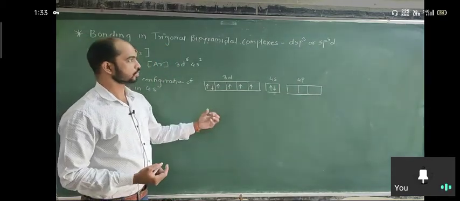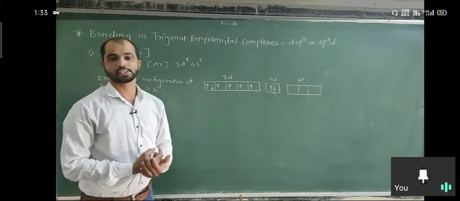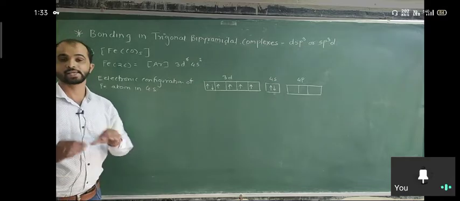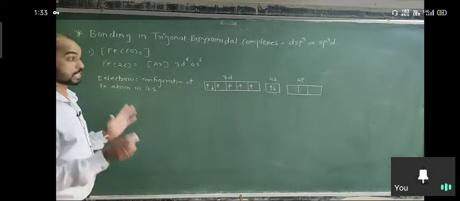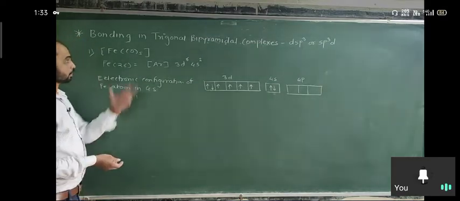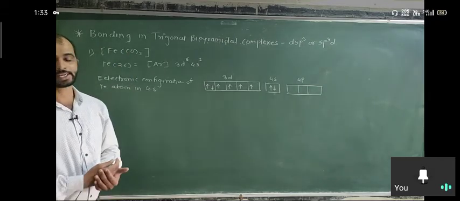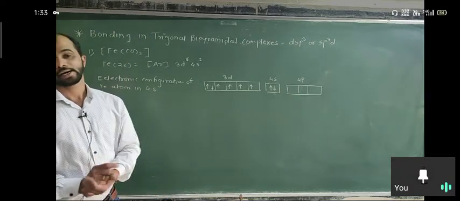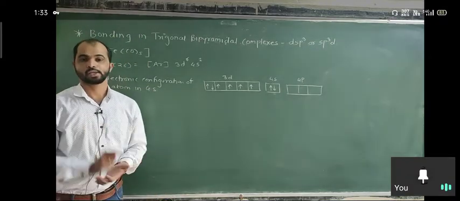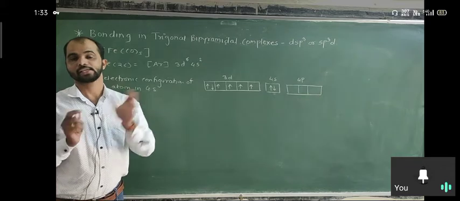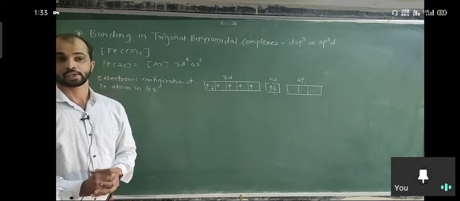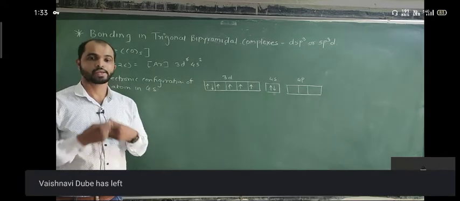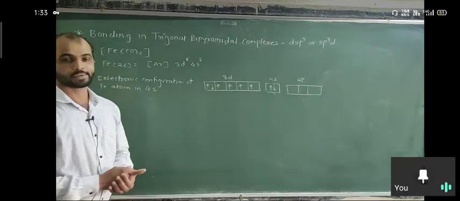So to make this hybridization, the central atom undergoes excitation. Carbon monoxide is the ligand. It is a powerful ligand. I already told you that cyanide and CO are powerful ligands. They provide the pairing energy to the central atom, and the central atom pairs up its own electrons to make a vacant d orbital.